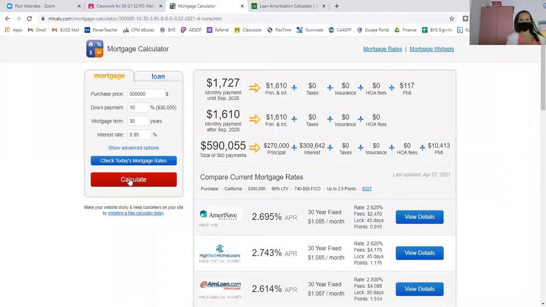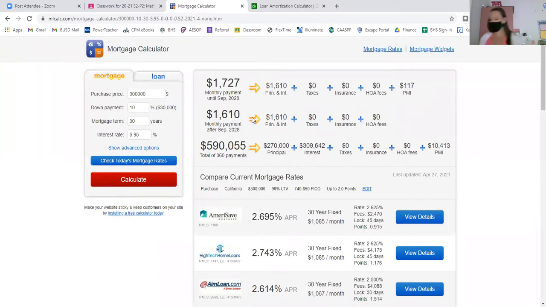Some of these calculators are weird. This shows us, it's hard to read, 2 different monthly payments because of PMI. We're going to ignore the PMI. PMI is the mortgage insurance. Again, that's not something you want. We're not looking at taxes, insurance. All of those would have to be added in.